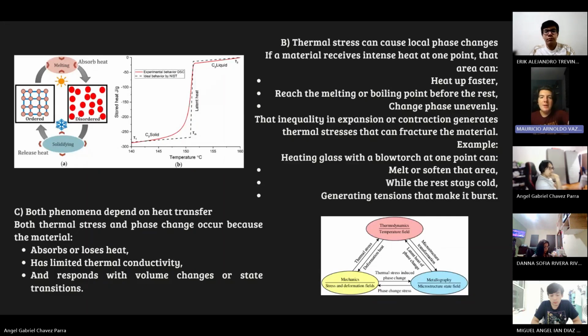Thermal stresses also indicate local phase changes.